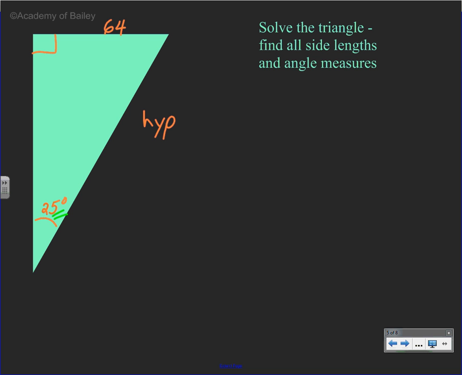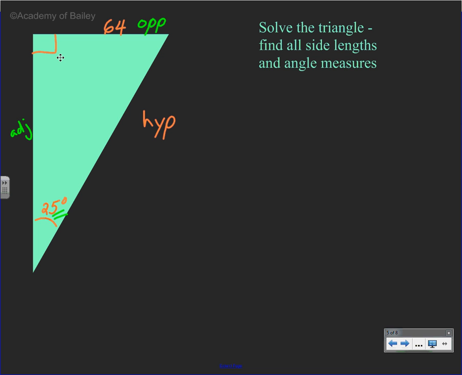Across from it, opposite of it would be the opposite side. And right next to it is the adjacent side.